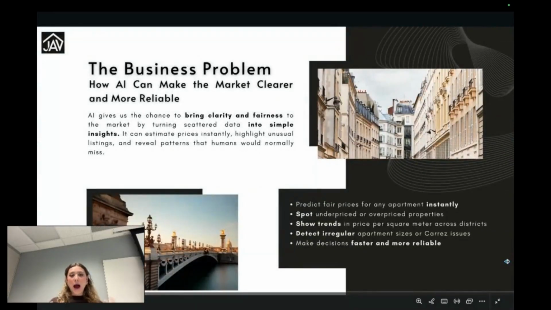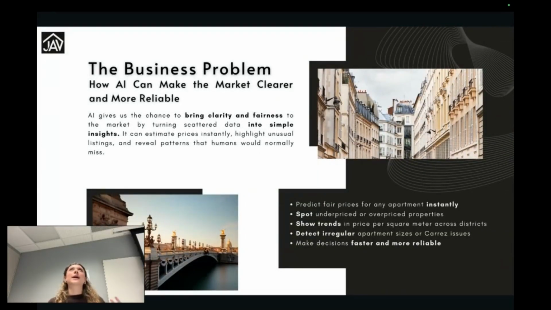So how can AI make the market clearer and more reliable? In simple words, AI will make everything simpler and faster, creating fairness in this market by turning all this data into simple insights, easy to read for everyone.